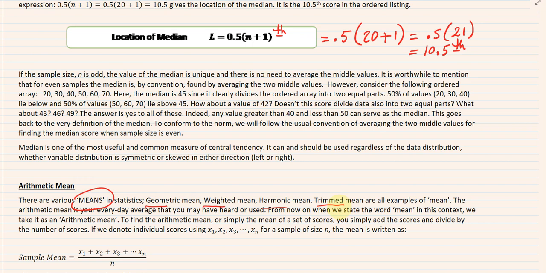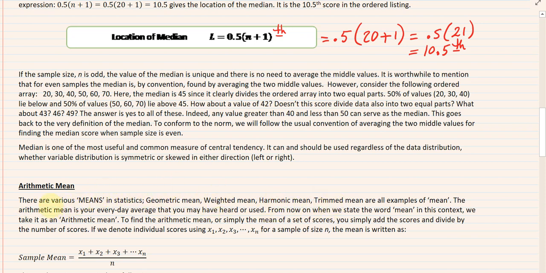So which one are we talking about? More specifically, we're talking about the arithmetic mean. I have listed 1, 2, 3, 4 of them, and the arithmetic mean is the fifth one. The fifth one is the one we're talking about.